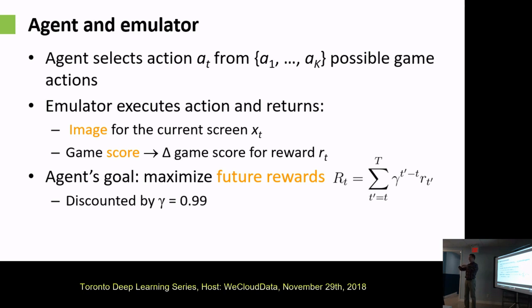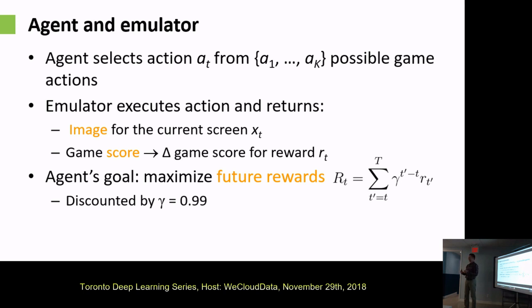But if our game goes on forever, we would get a return of infinity, right? So our future reward would be infinity. So what we want to do is discount the future rewards. One reason is that it gives us a limit on the future rewards.